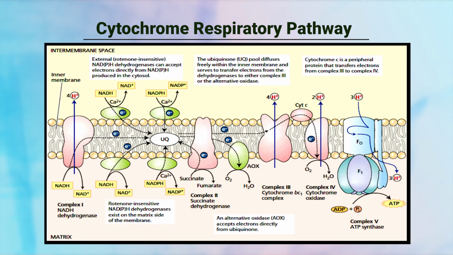Both the cytochrome and the alternative respiratory pathways start at protein complex 1 when NADH is being oxidized.